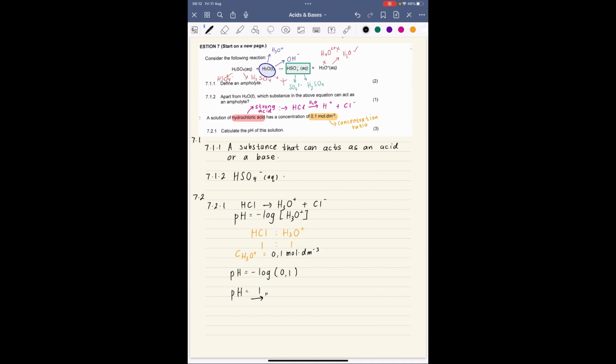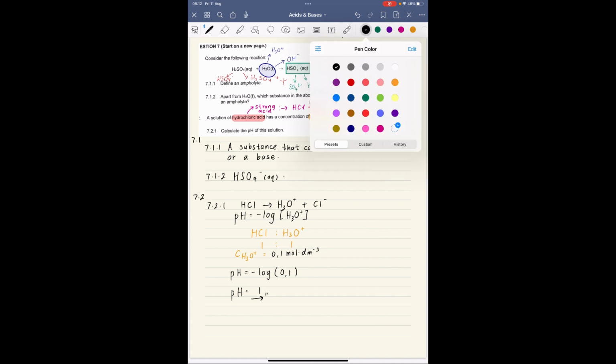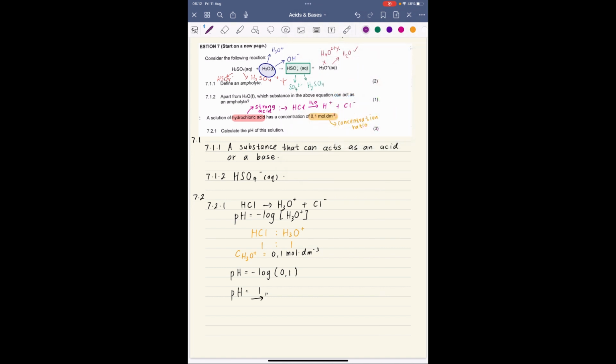Now, let's talk about alternative questions that might arise from this same thing. Maybe they tell us there's a solution of H2SO4, and it has a concentration again of, let's say 0.1. Once again, 0.1 mole per decimeter cube. How would you do the same thing?